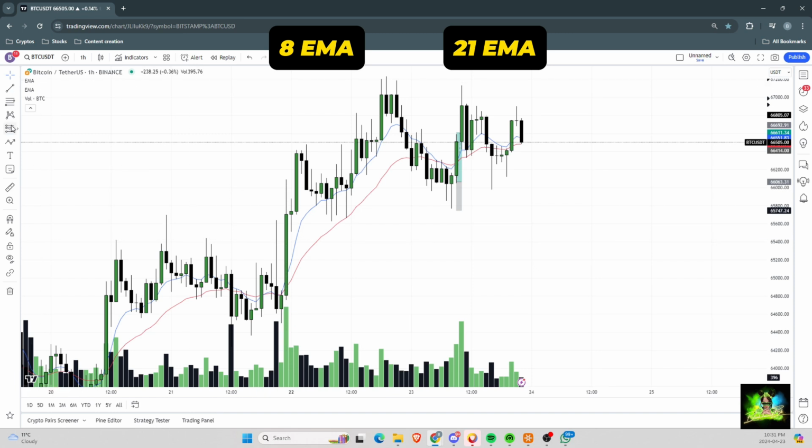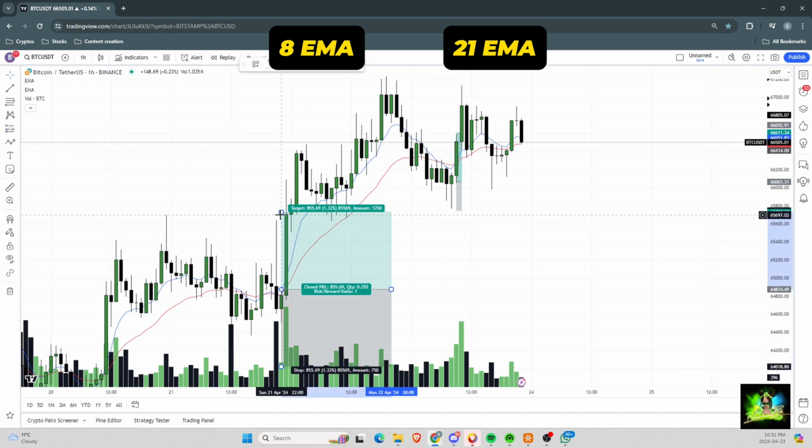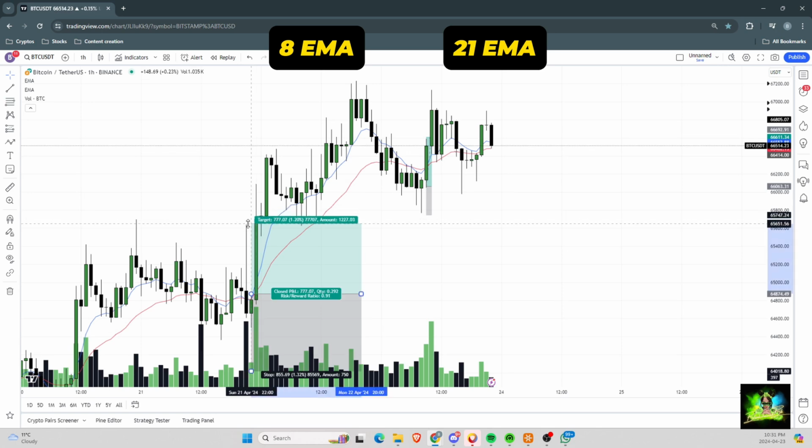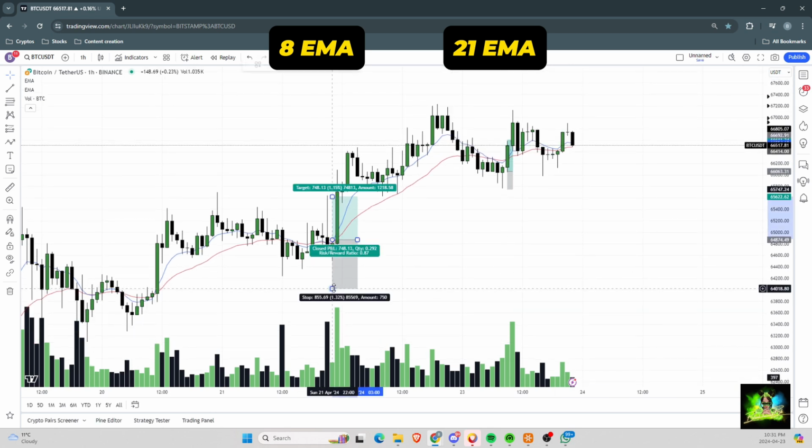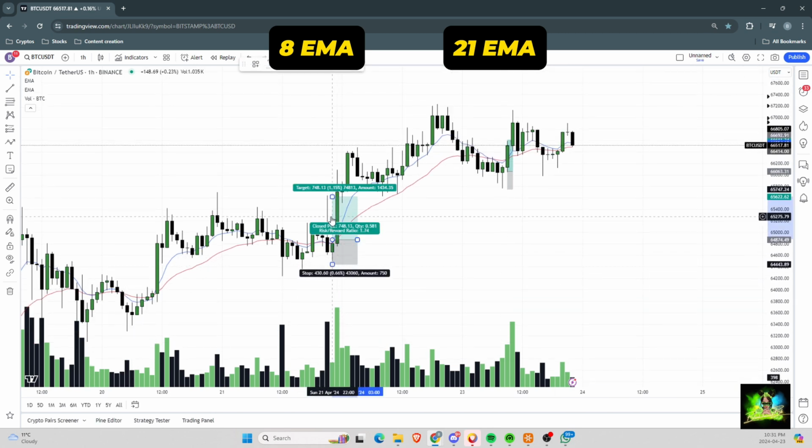So when you're taking a long position and you decide to hold, this is going to be your first target, that is the previous high, right? So you target 1.15, but when it goes above the 21 EMA, you're going to hold it for longer and trail your stop loss until it hits the 21 EMA.